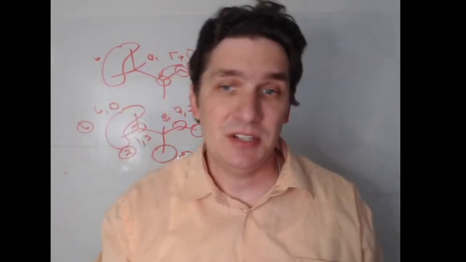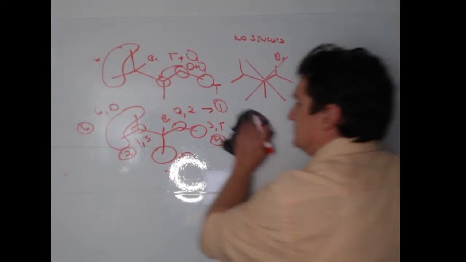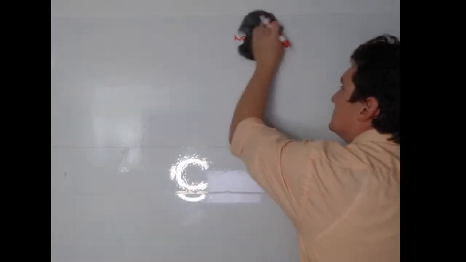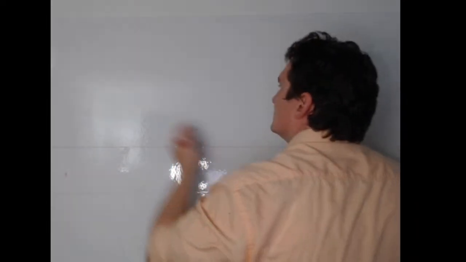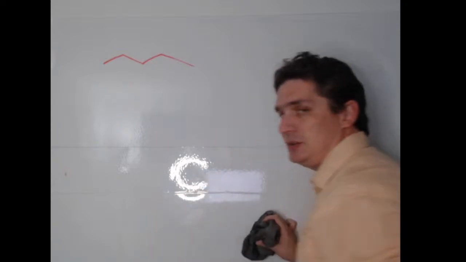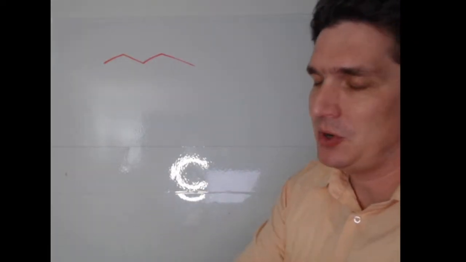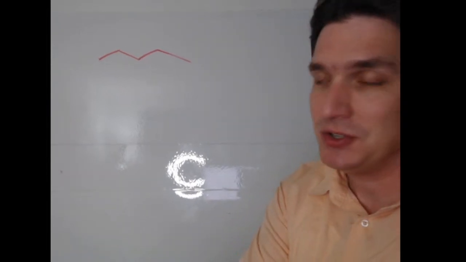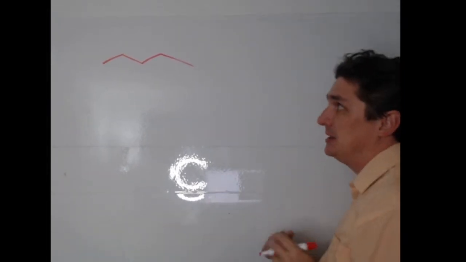So double bromination of pentane. Whenever I do a double halogenation, they're always going to occur on the same carbon, because when I do that halogenation, I end up converting a secondary to a tertiary.